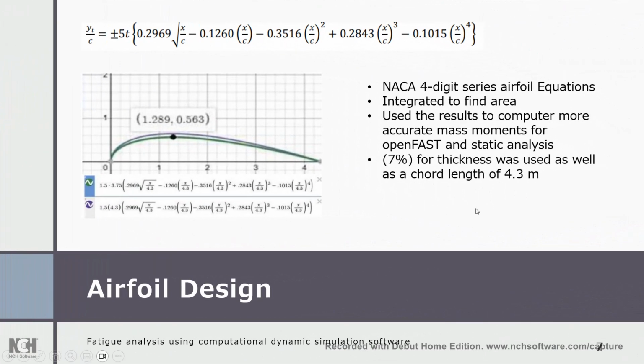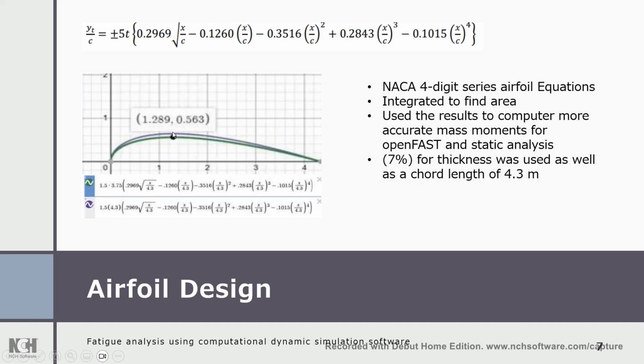Okay, so first I wanted to look at the airfoil equations that are used for the NACA 4-digit series. And the reason why I want to do this, I want to get an accurate surface area so that we could plug it into ANSYS, OpenFast, and the static analysis to get better second moment of area equations, to get better, more accurate results. So, using a chord length of 4.3 meters, and then a thickness, which is the height.